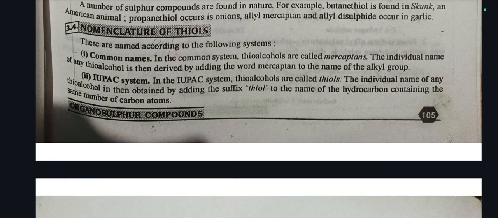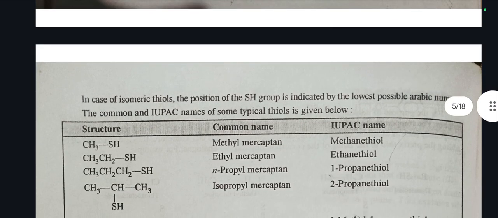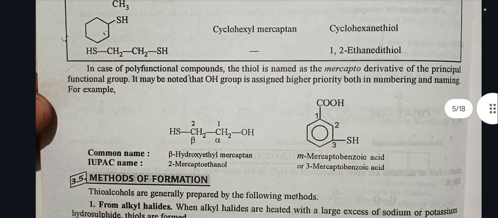The individual name of the thiols is then obtained by adding the suffix thiol to the name of the hydrocarbon containing the same number of carbon atoms. In case of polyfunctional groups, the thiol's name is a derivative of the principal functional group. It may be noted that the OH group is assigned higher priority both in numbering and naming.